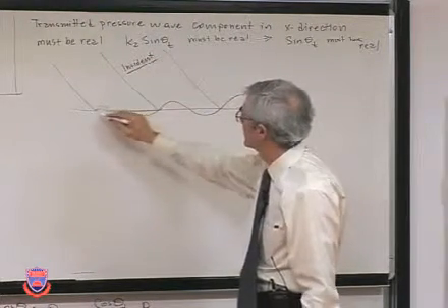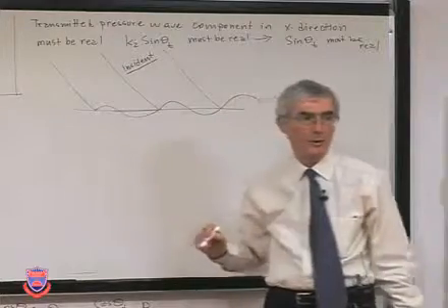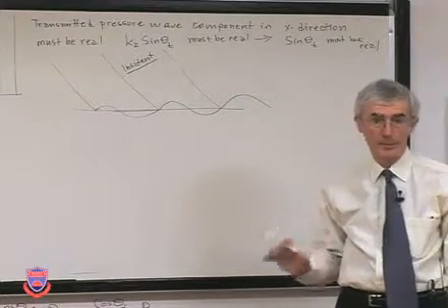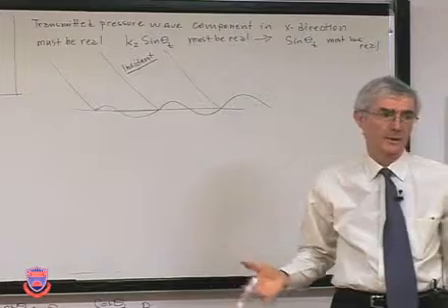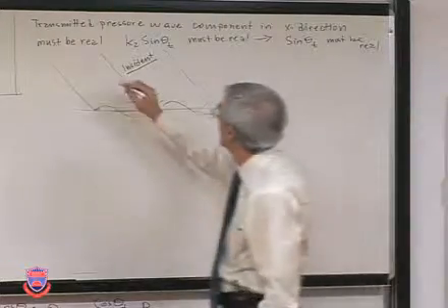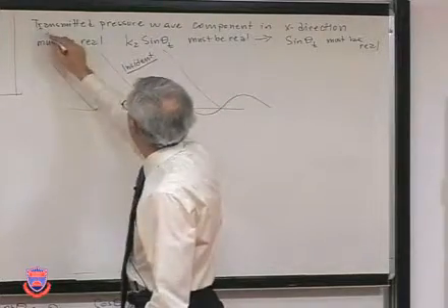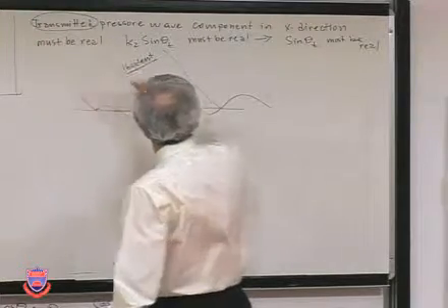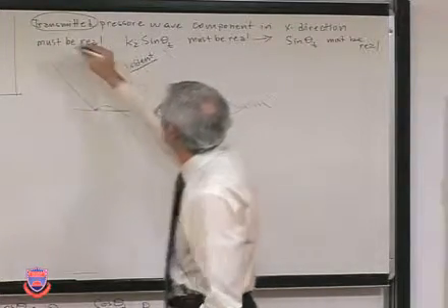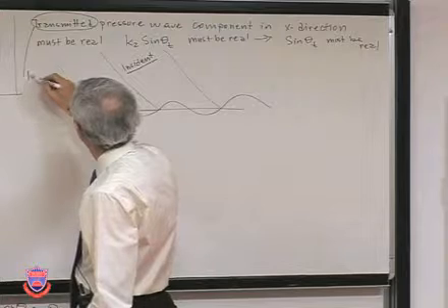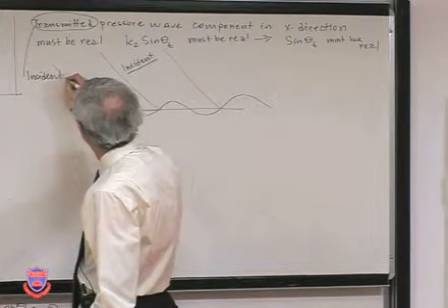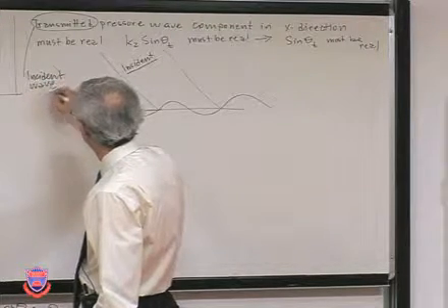The incident wave has a component in the x direction that must be real because that's what we're physically doing. I would say instead of this, the incident wave, and that will also make the transmitted wave.